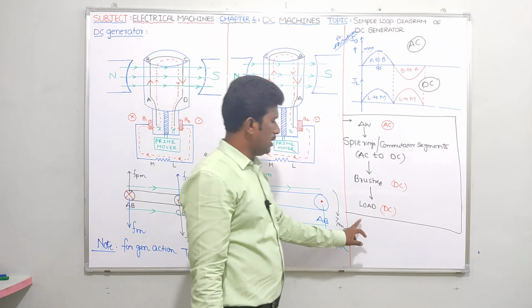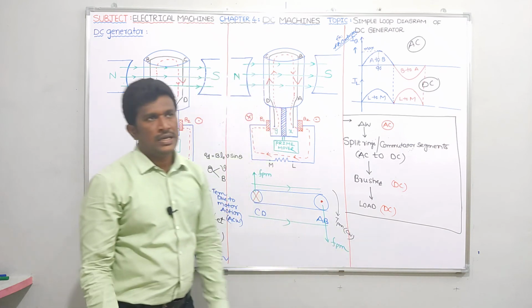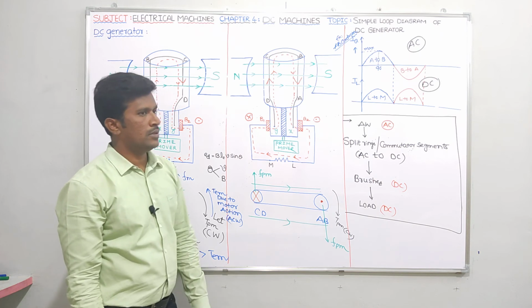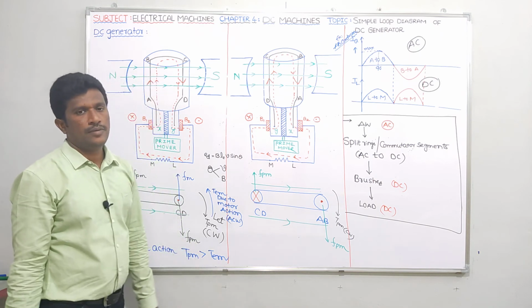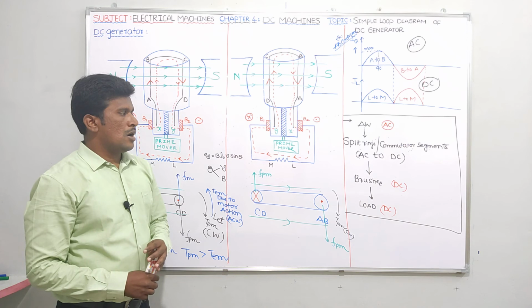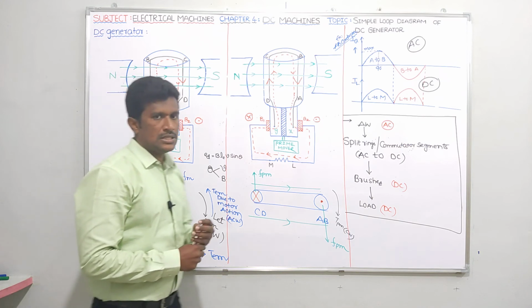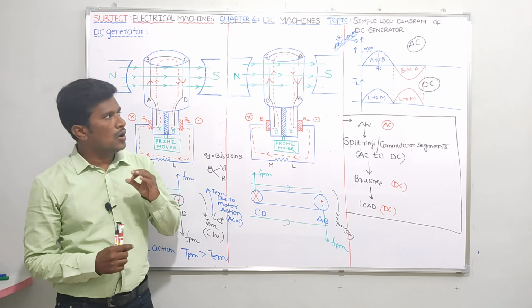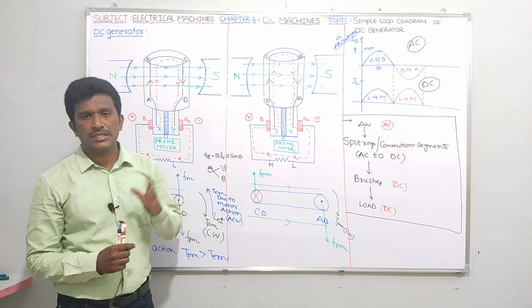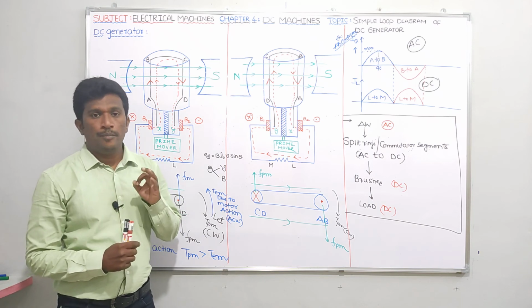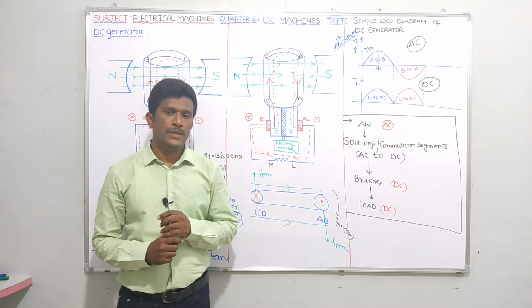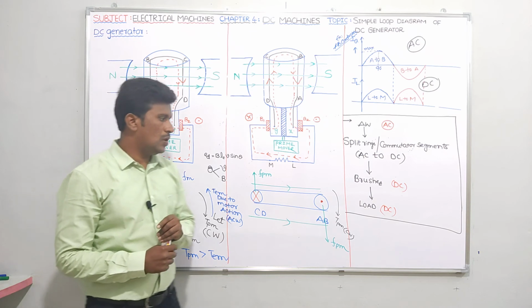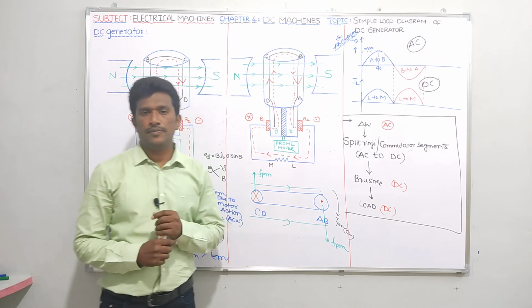Please let me give one note here. In a DC generator, commutator acts as a mechanically rotating rectifier.